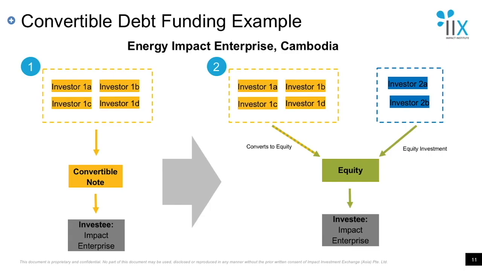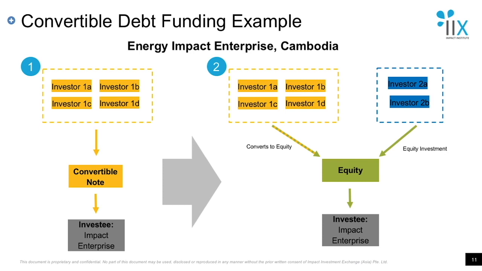happens. Maybe the best way to illustrate this is with an example, and I take this example from one of the deals, a deal with a clean energy access company that we helped to raise financing for in Cambodia. When we did the first investment capital raise, the company was quite young.